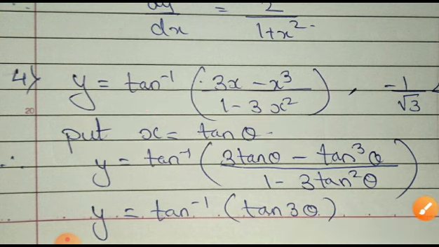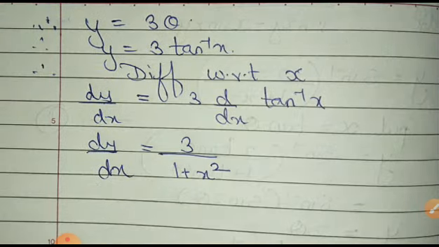So I'll be writing it as tan inverse of 3 tan theta minus tan cube theta by 1 minus 3 tan square theta. So I'll get y as tan inverse of tan 3 theta. Okay. So again tan inverse of tan 3 theta, I'll get only 3 theta.